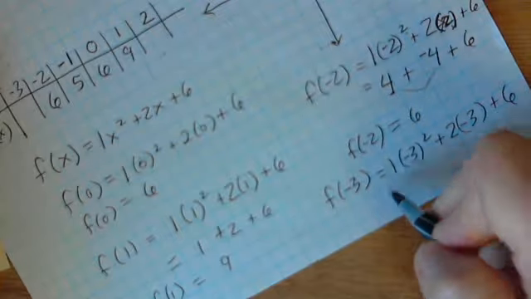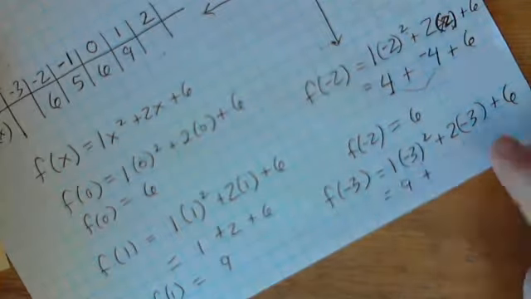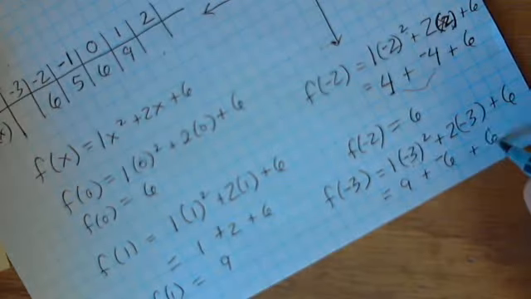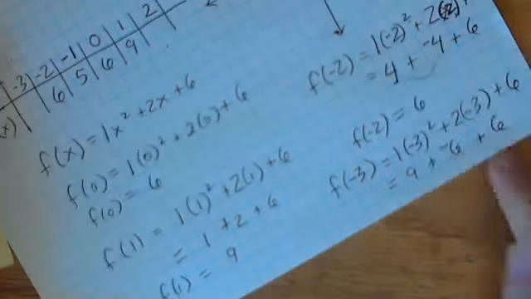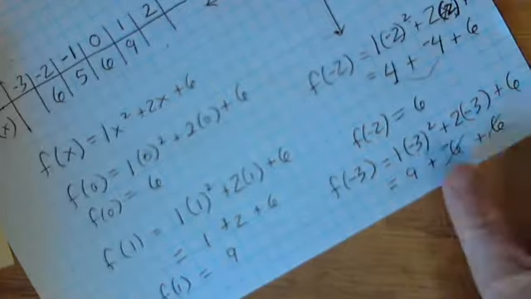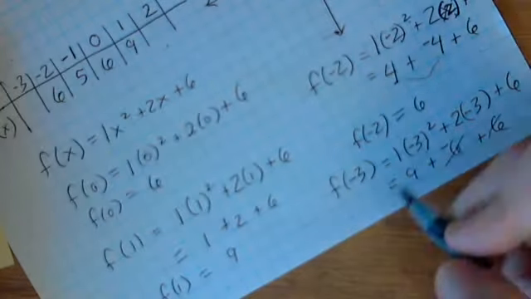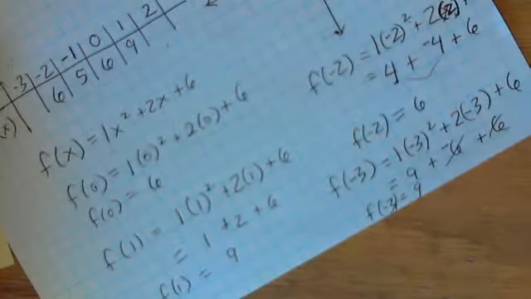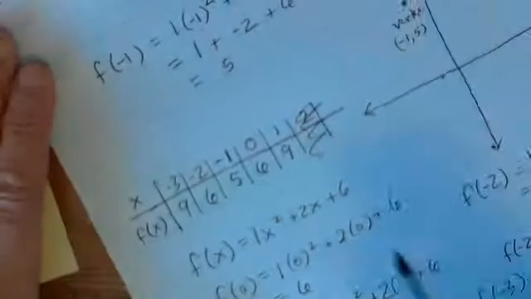Negative 3 times negative 3. So I'll have 9 plus 2 times negative 3 is negative 6 plus positive 6. The negative 6 and positive 6 when added together make 0. And so f of negative 3 is just 9. Now, let's put that in our table.